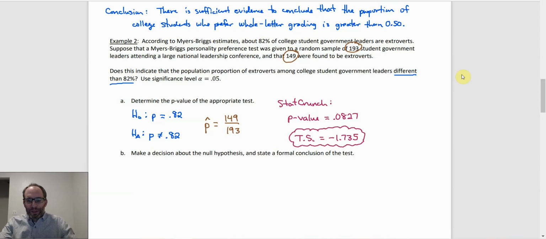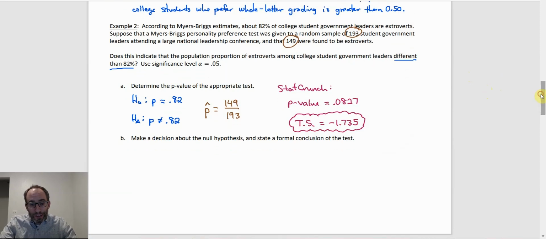All right, so then make a decision, formal conclusion, just like with the last one. Okay, this time the p-value is bigger than the significance level because it's the same alpha. Right at the end of the wording up toward the top, use significance level alpha equal to 0.05. So we're comparing the 0.05 to 0.0827, but the 0.0827 is bigger.